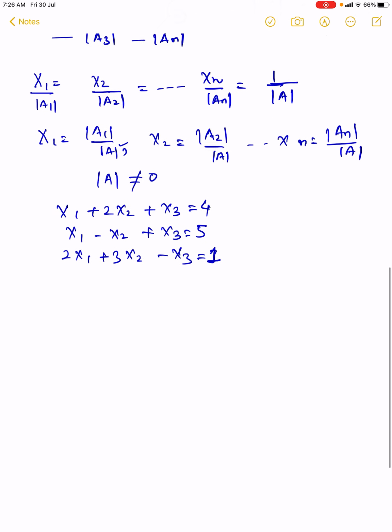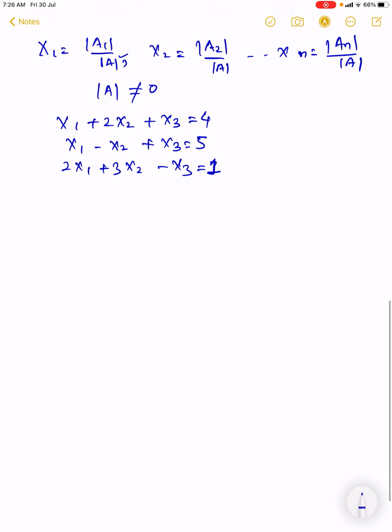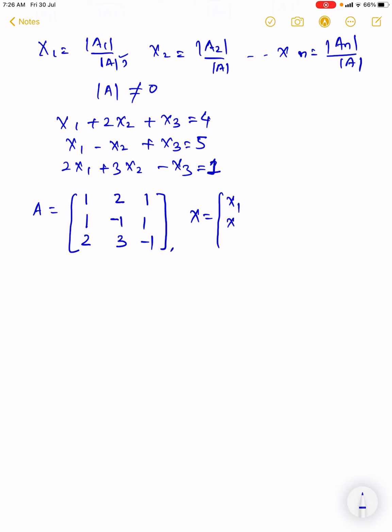Let us consider it, and we can apply Cramer's rule and solve. Here A is equal to the coefficient matrix. As you know, the coefficients are 1, 2, 1, 1, minus 1, 1, 2, 3, minus 1. Variable matrix X equal to x1, x2, x3. There are three variables, and the constant matrix equal to 4, 5, 1.